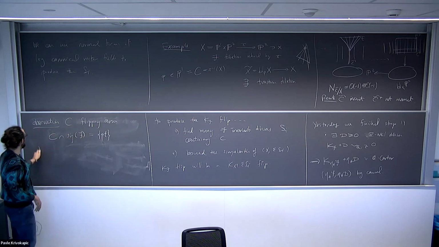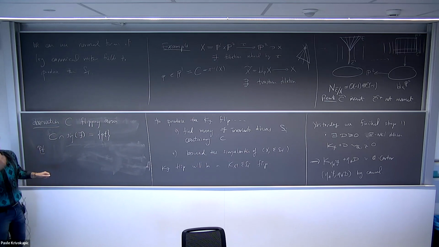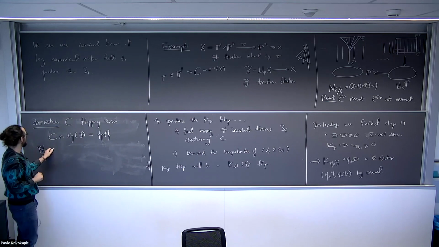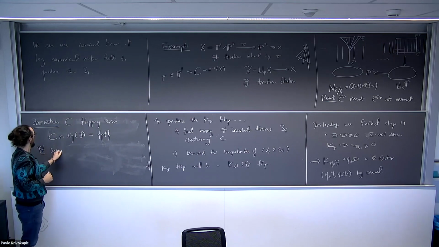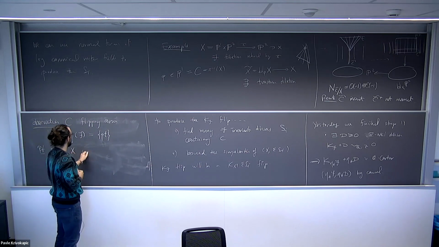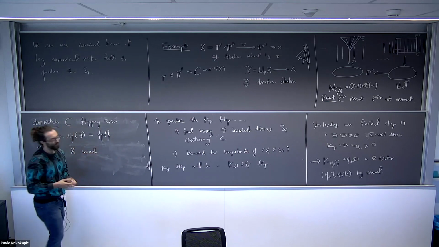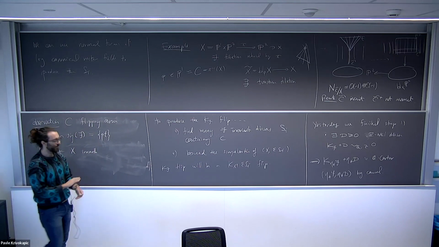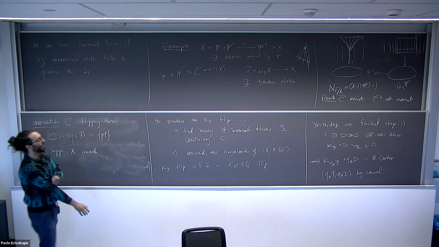So the proof is just Reeb stability. Let's suppose X is smooth. In general, X won't be smooth, so we need a version of Reeb stability for singular varieties, but this isn't too hard.